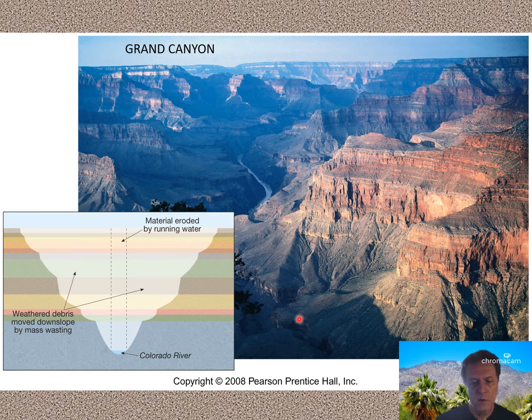But the point of showing you this now is that the entire canyon was formed by erosion by running water, and you have these very steep slopes which occasionally fail through mass wasting, where a big block of rock just comes tumbling down or sliding down these slopes.